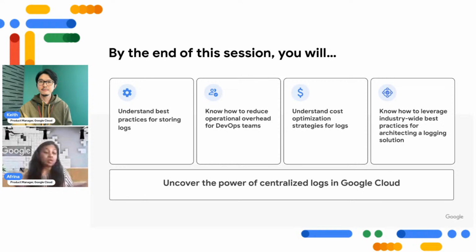If you are a centralized platform team and there are several thousand sub-teams reporting up to you or dependent on you, then it's on you to figure out how to optimize costs and how to throw it back to them. And finally, all along the way, we want to talk to you about the industry-wide best practice for architecting the logging solution. Right, so let's get started.